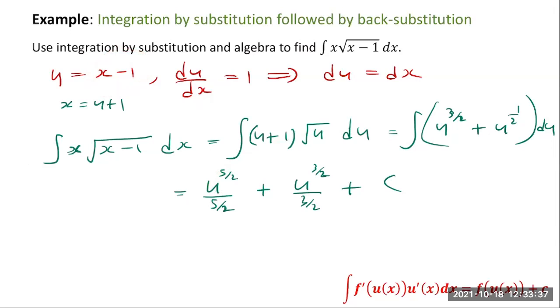Using the reciprocal rule to simplify the fractions, you will get 2 over 5 times x minus 1 to the power 5 over 2 plus 2 over 3 times x minus 1 to the power 3 over 2 plus a constant. That's your final answer.